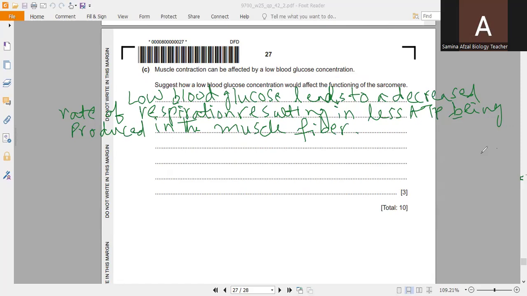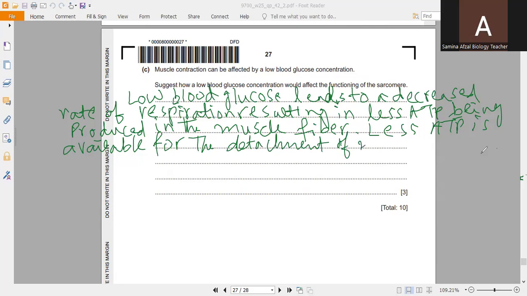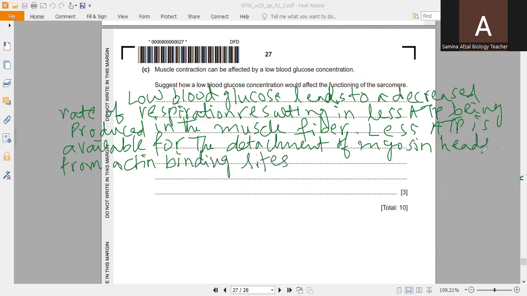Less ATP is available for the detachment of myosin heads from actin binding sites, preventing the cross bridge cycle from continuing.